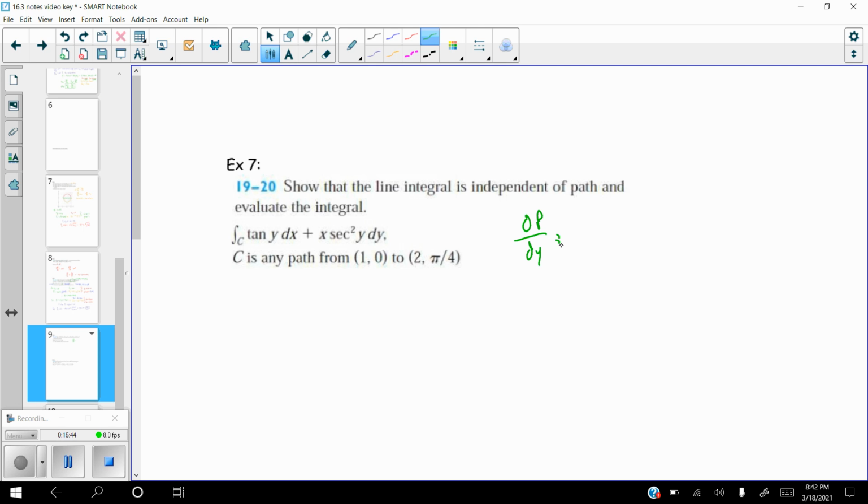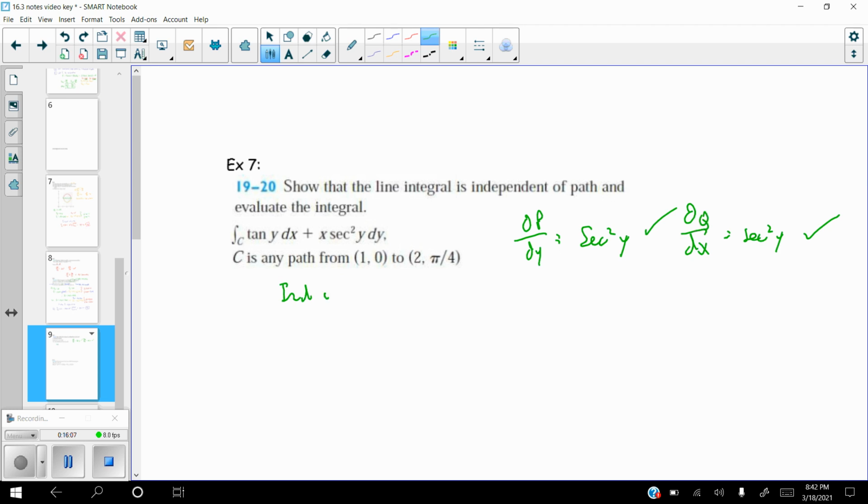P is tangent of y, so that's going to be secant squared y. We need to find dQ/dx. Q is x secant squared y. Taking the derivative of that with respect to x gets rid of the x, so that is secant squared y. Those two things equal each other, so we are good.